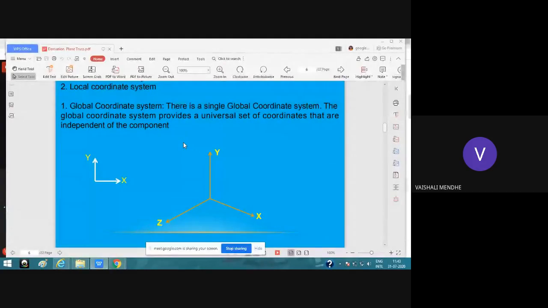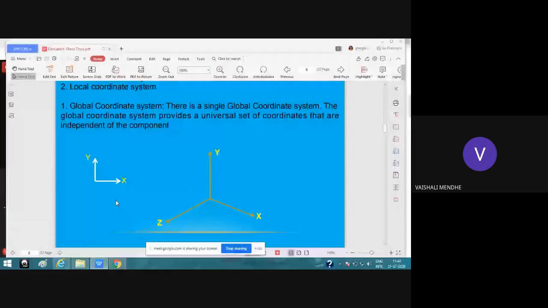So if you are analyzing a three-dimensional structure, your global coordinate system will be like this. There will be x, y, and z. These are the coordinate axes: coordinate x, coordinate y, and coordinate z. If you are analyzing a two-dimensional force system, then there are x and y.